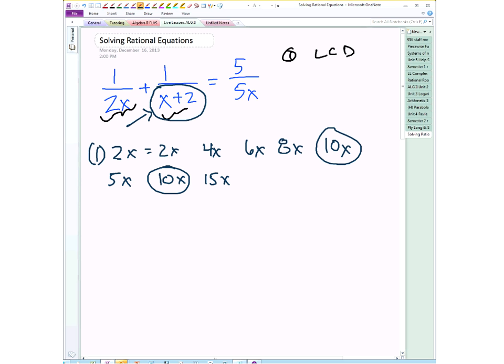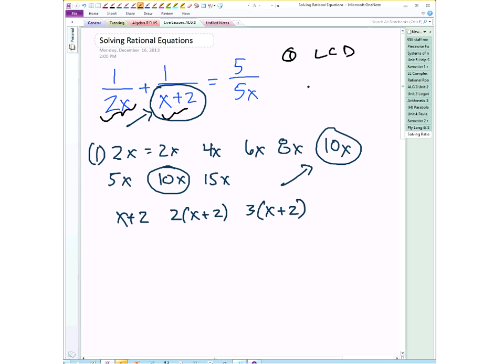This x plus 2 over here, let's think about what the multiples of x plus 2 are. You have 1 times x plus 2, which is just x plus 2, and you have 2 times x plus 2. I'm not going to distribute it because it would be irrelevant. I'm never going to end up with a 10x, right?